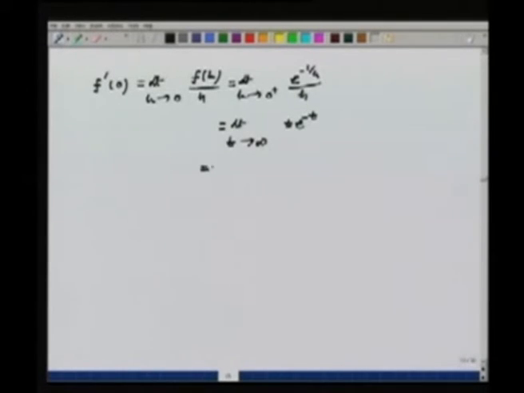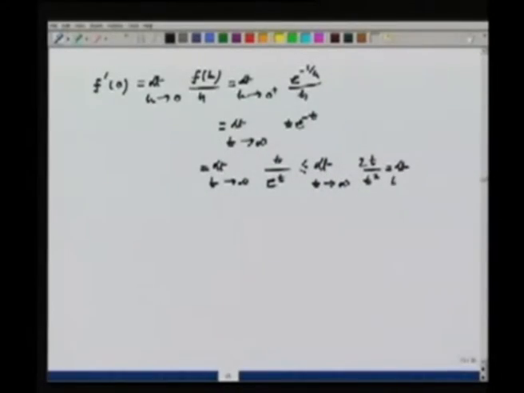This is the limit as t goes to infinity of t divided by e to the power t, which is less than or equal to the limit of t by t square by 2, because e to the power t is bigger than or equal to t square by 2.